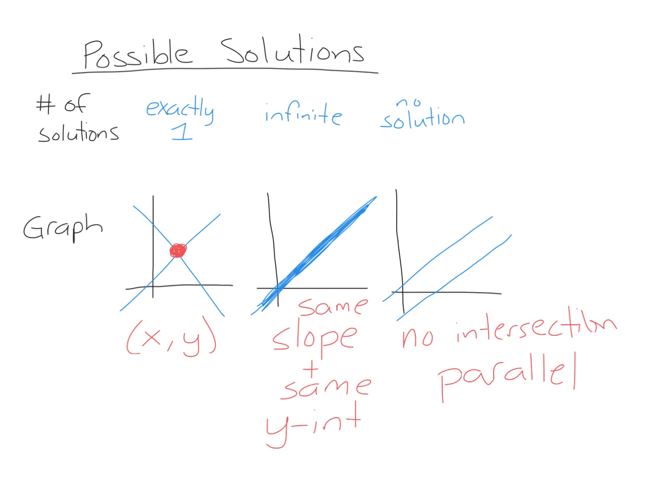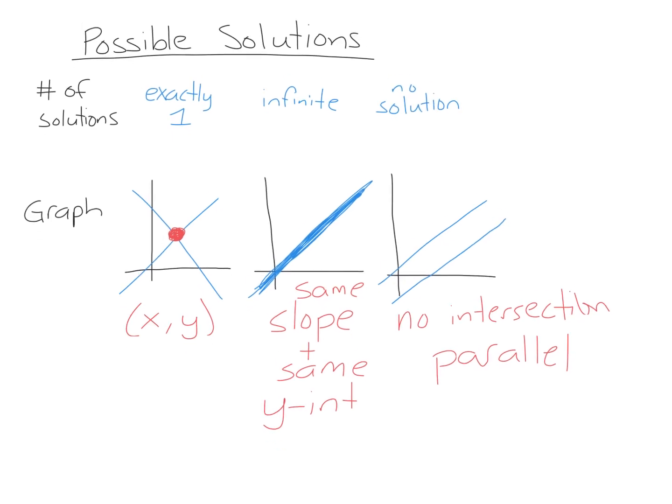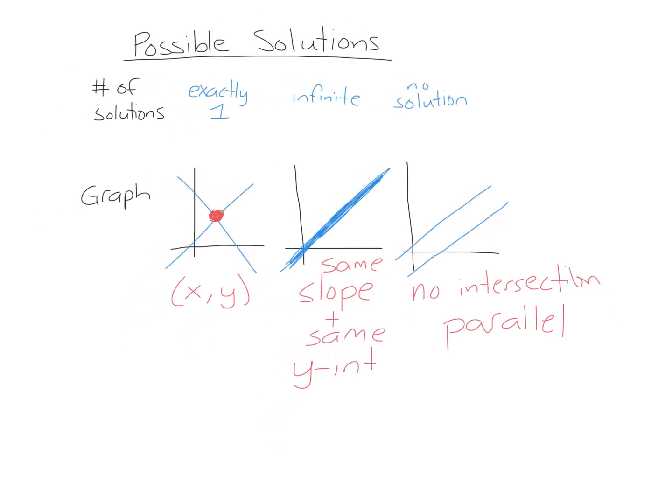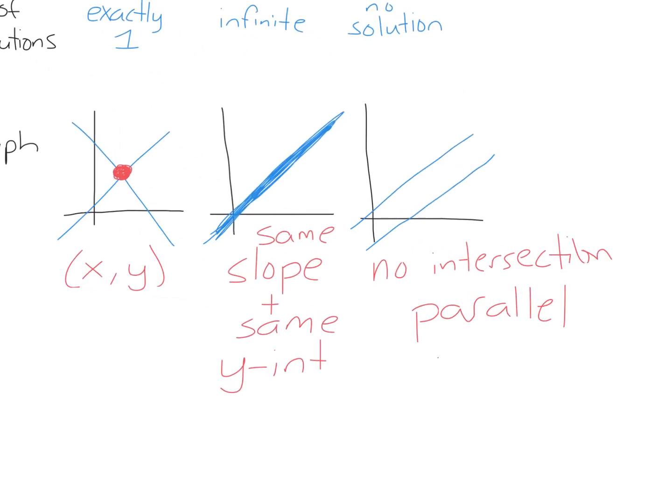What about no solution? What's the same about that one? If they're parallel, what did we learn about parallel? We talked about parallel and perpendicular. What do we know about parallel? They never cross, so what do we know about the slope? It's the same slope.